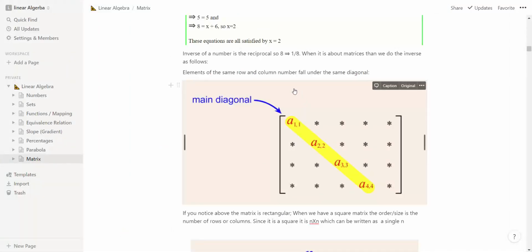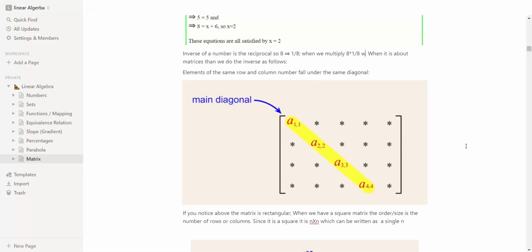This is important to us. When we multiply 8 by 1/8, we get 1. With matrices, we get the identity matrix.